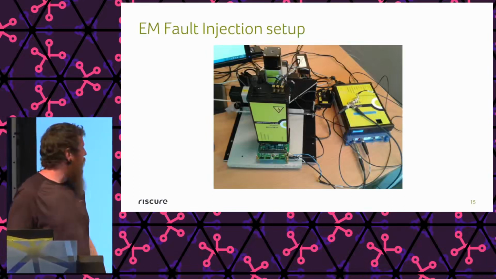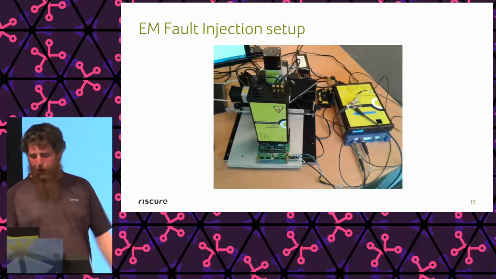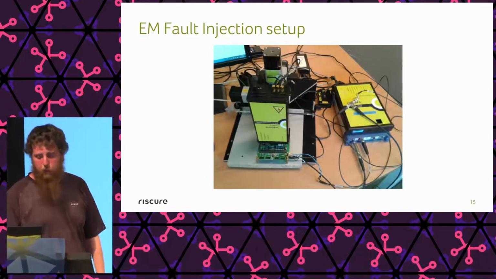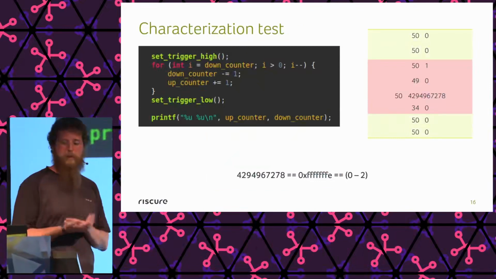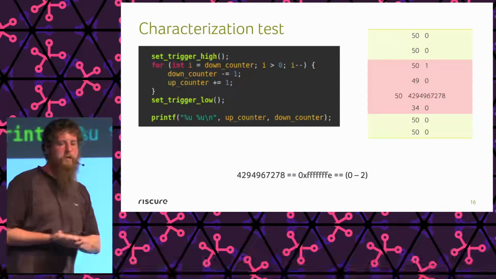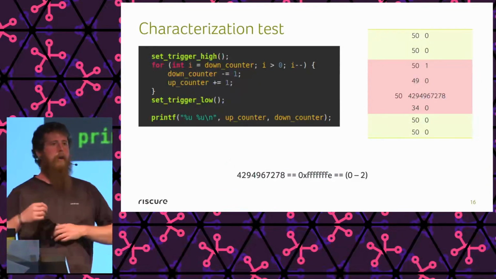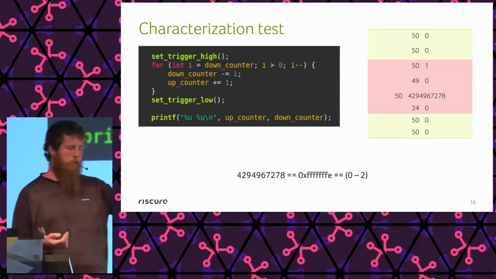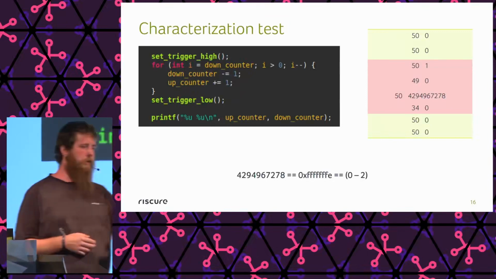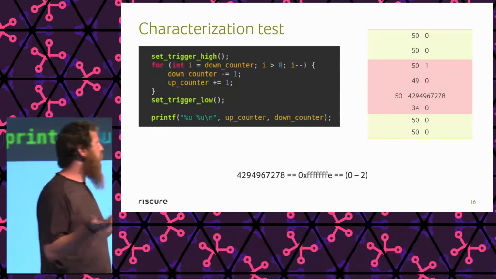So, we have a target that we can control, we can run code on it, we have our setup, everything's good. The first thing we then do is implement a very simple piece of code running on the device, which will just have 2 variables, reading and writing from memory, one counting up, one counting down to some number that we decide.